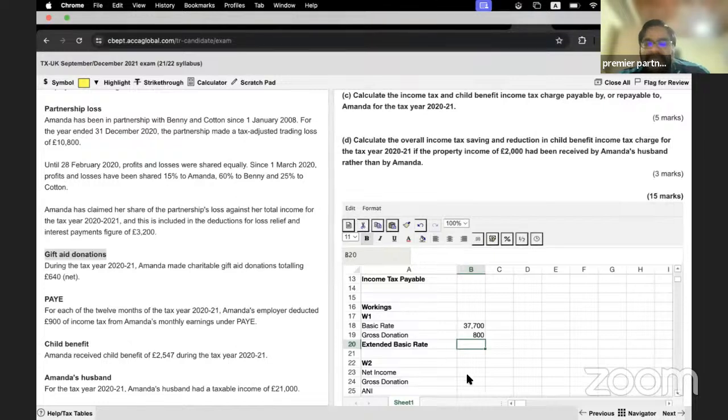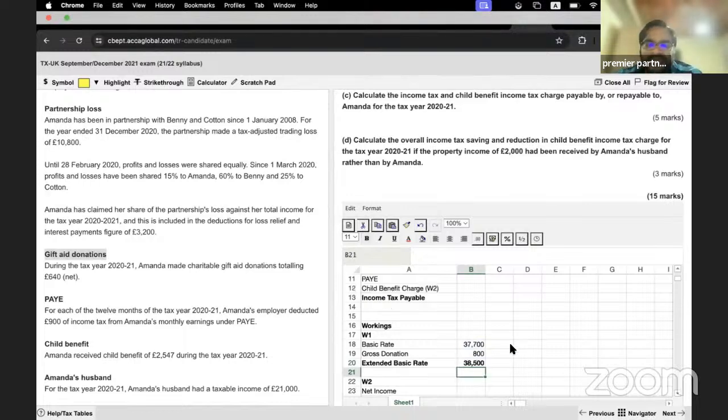Yes, the gross donation would be 800, correct? Right. So I take the total to figure out the extended basic rate band, which becomes 38,500.